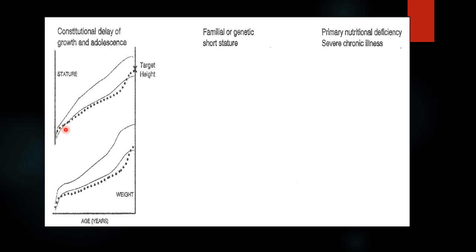Then around the age of 3-4 years, it starts faltering below the lowest centile, and it however continues following the curve, and at puberty there is a sudden growth spurt and the target height is equal to the mid-parental height or the familial height.